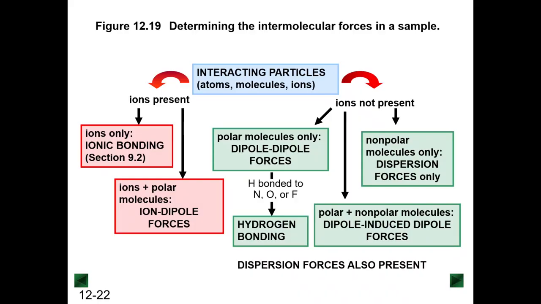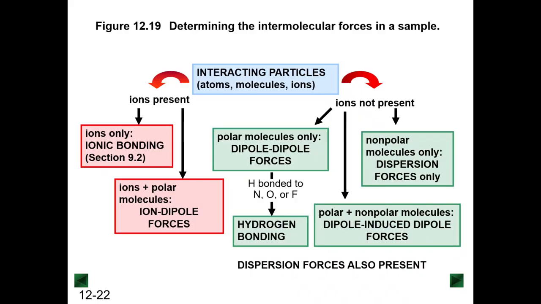So that's something a little bit different. But in the case where you have ions and polar molecules, the strongest interaction is an ion-dipole force. If we have ions present, that's on the red side of our table. If we have no ions present, that's the green side of the table.